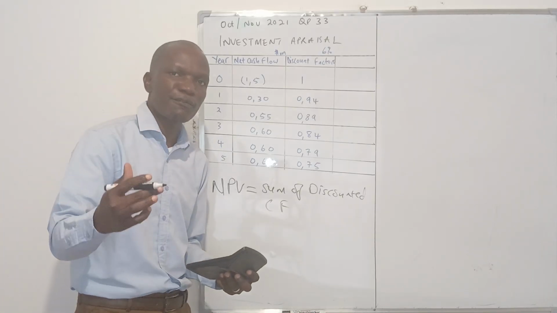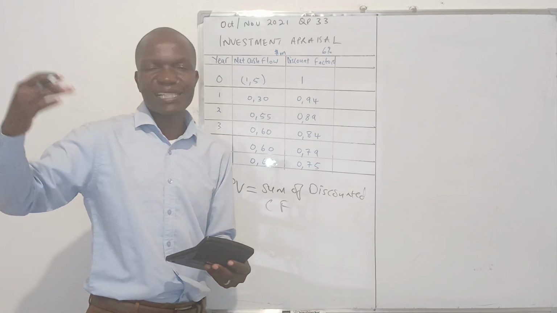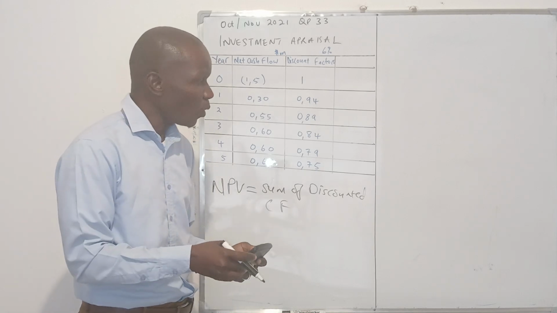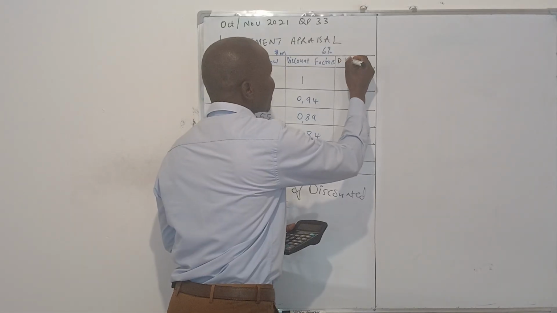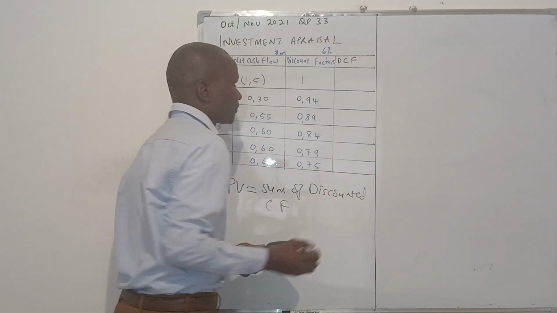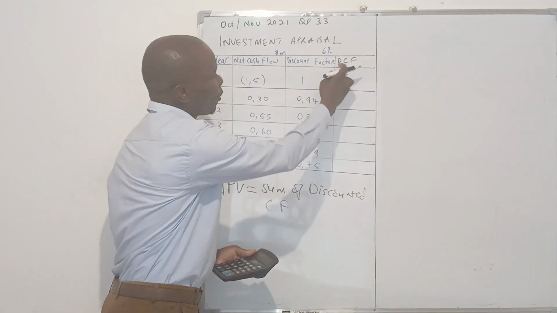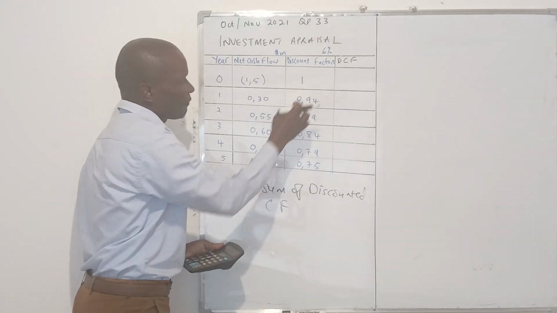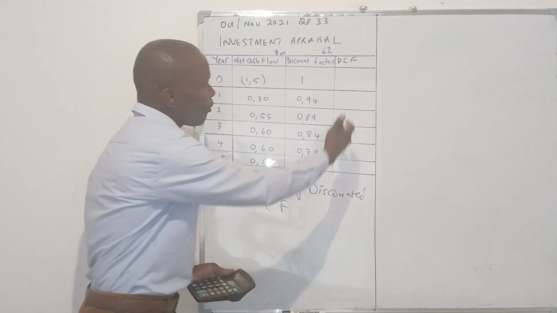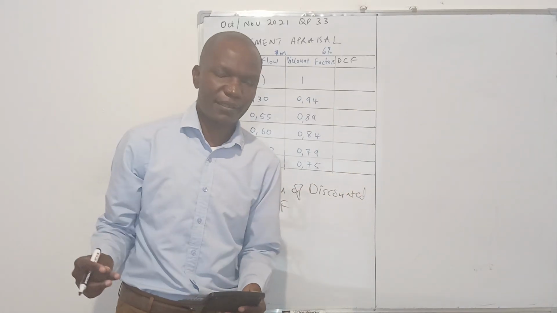We simply multiply the cash flow by the discount factor. So, I'm going to put discounted cash flow here. Discounted cash flow is net cash flow multiplied by the discount factor. The sum of the discounted cash flows is what we call the NPV.